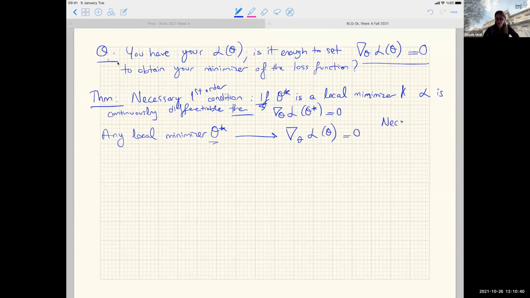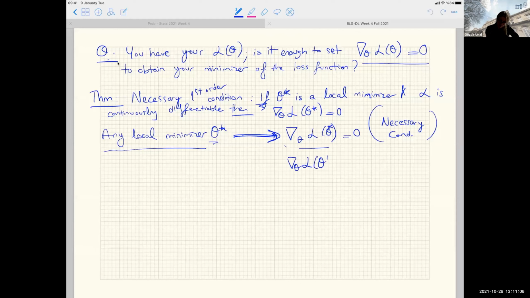This is a necessary condition, meaning it goes in this direction: assuming that theta star is a minimum, I know its gradient should vanish at that point. But what about the other way around? That was the trick.